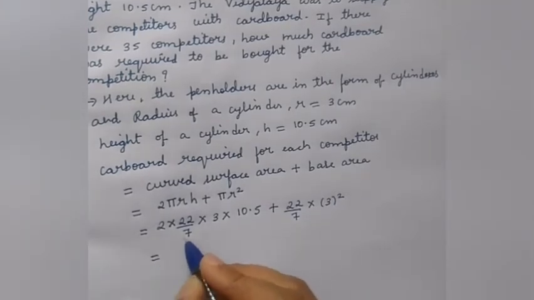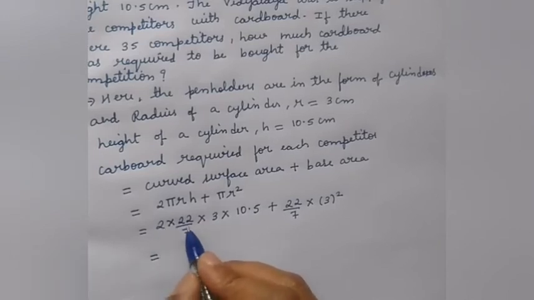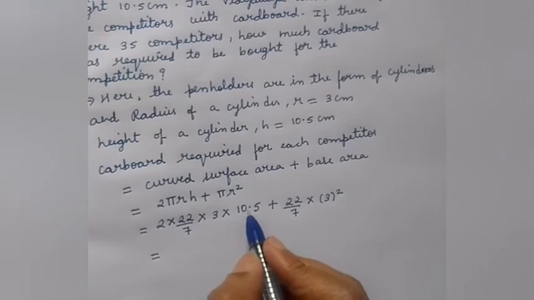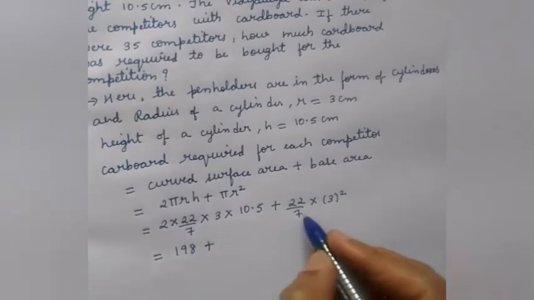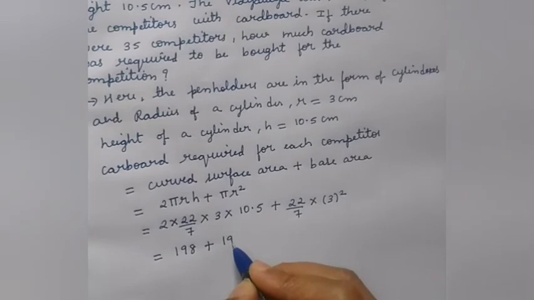That is 2 into 22 into 3 into 10.5 divided by 7, which is 198, plus 22 into 3 into 3 divided by 7, which is 198 divided by 7.